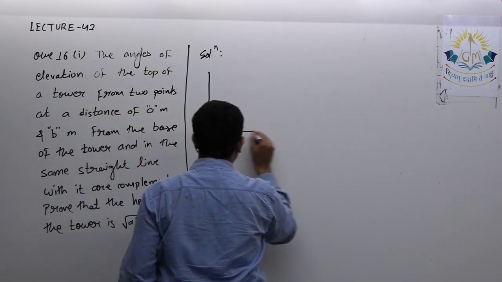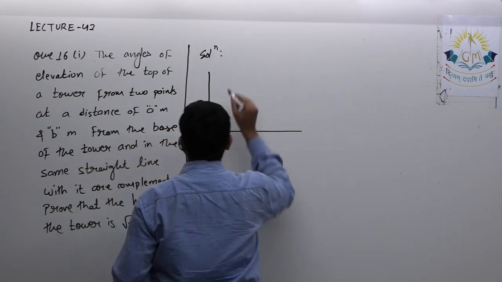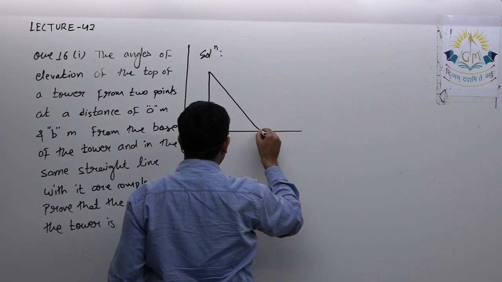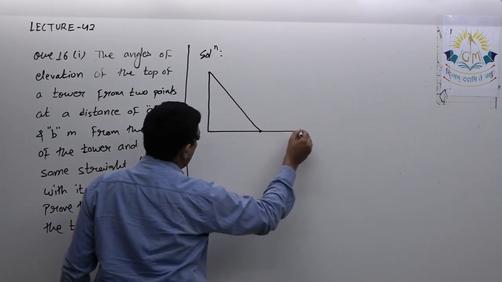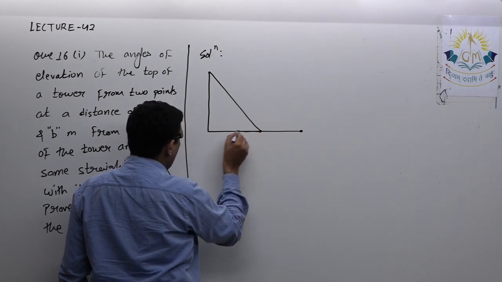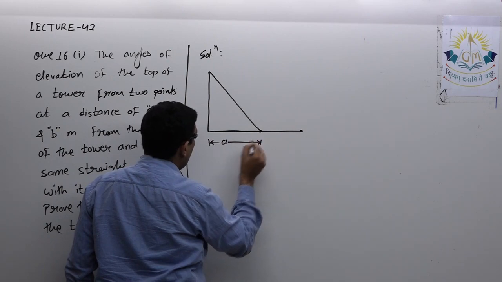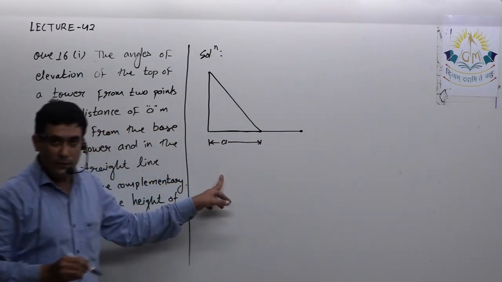They are at a distance of a meters and b meters from the tower. That means let this be the first point and this be the second point. The first point is a meters away from the foot of the tower, so this is a. And the second point is b meters away from the tower.